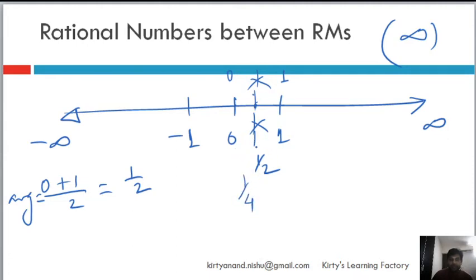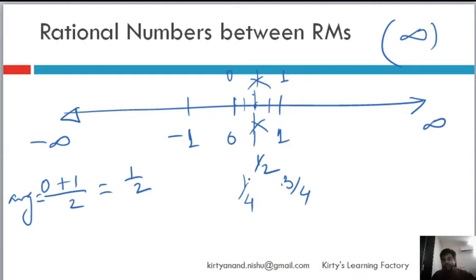I can find one between 1 by 2 and 1 also, using the same principles. So I'm just taking the average and finding the midpoint number. There are others also. Right now I am only finding numbers which are equally divided between the two rational numbers between which we are trying to find. So here it will be 3 by 4. So I've already found three numbers, 1 by 4, 1 by 2, 3 by 4.